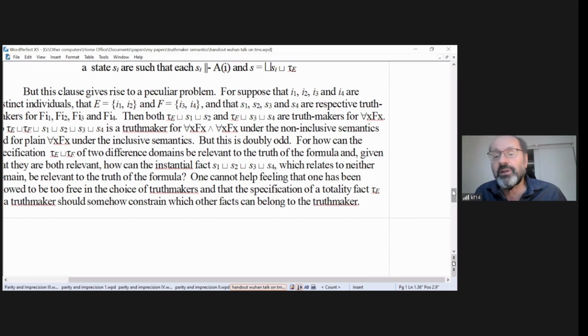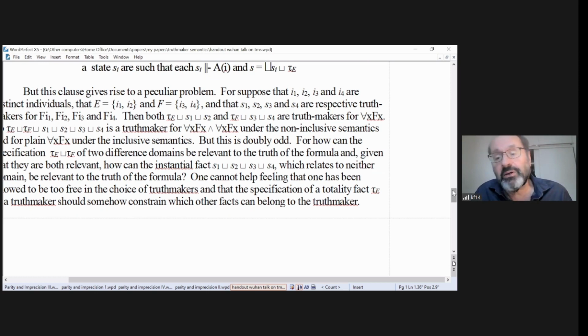Okay. Under the non-inclusive semantics, we had this odd situation in which a truth maker could involve two distinct totality facts and two distinct sets of individuals. We don't want that to happen. So what happens under the new semantics? Under the new semantics, I'll have all these truth makers for for all x, Fx.